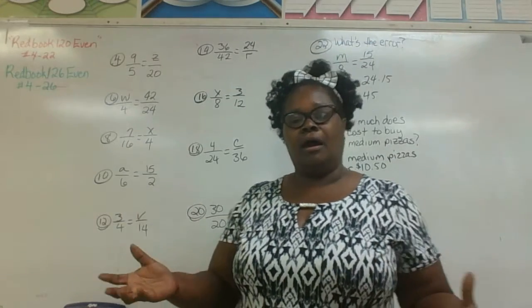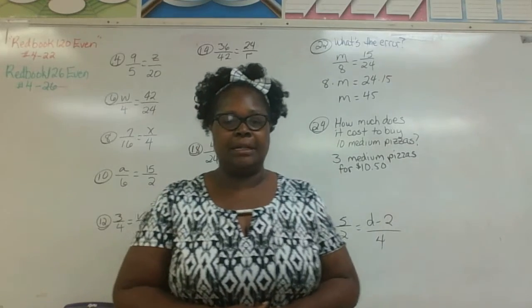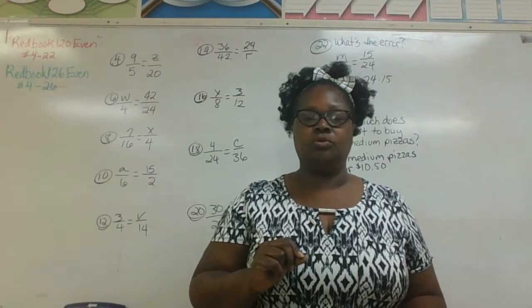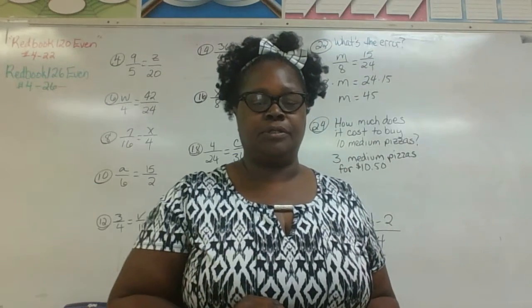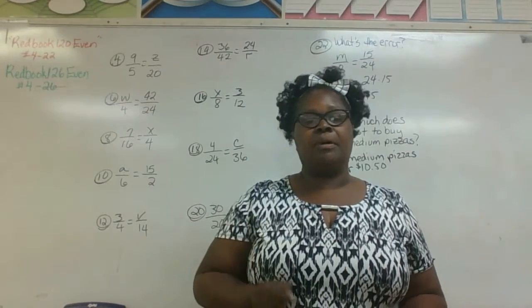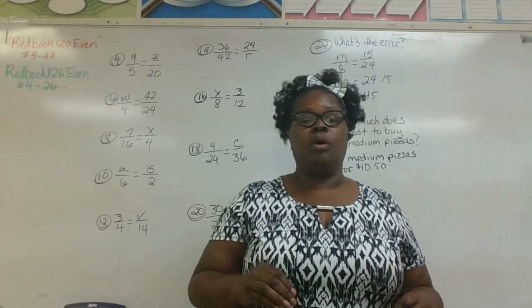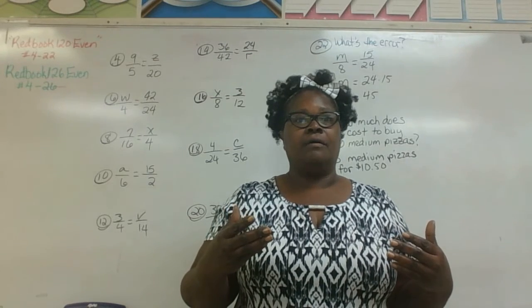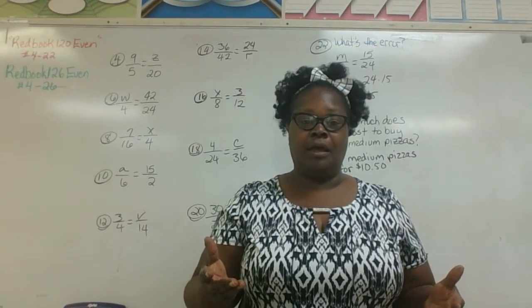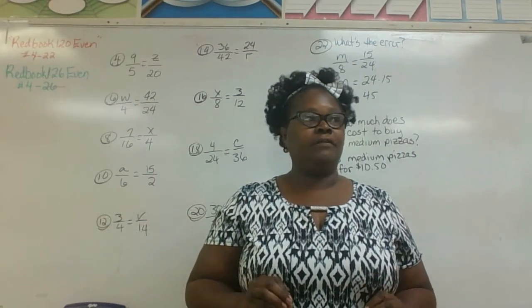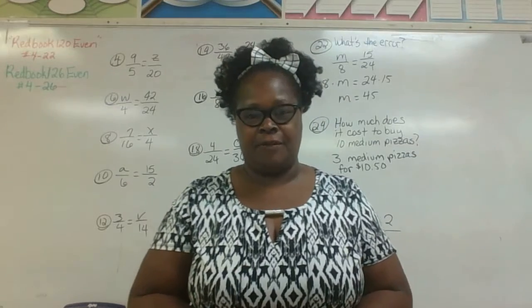Now, to recall what we learned in class, there are two methods to solving a proportion. There's mental math, which should be familiar to you as if you are finding the equivalent fraction or simplifying a fraction.